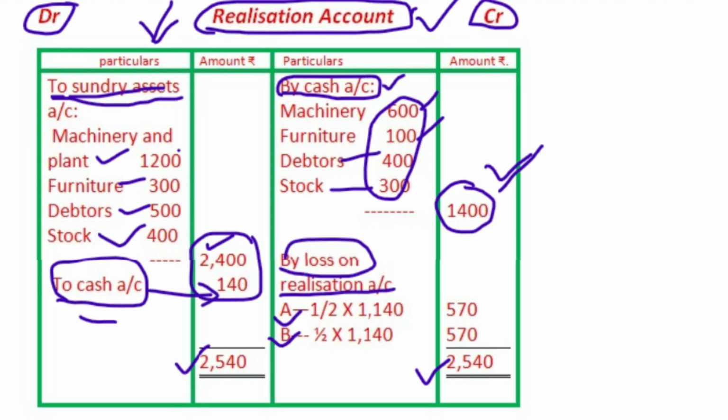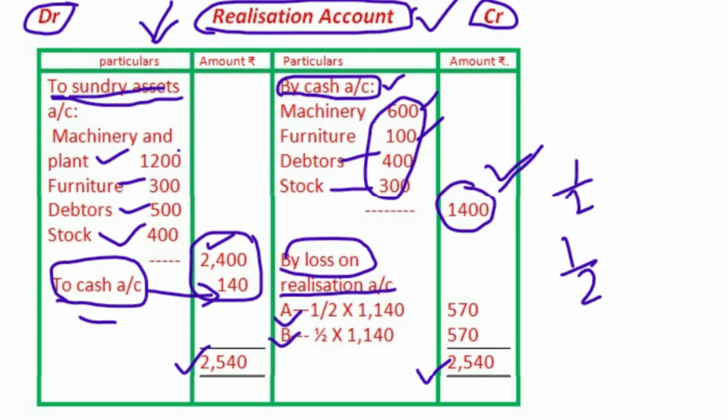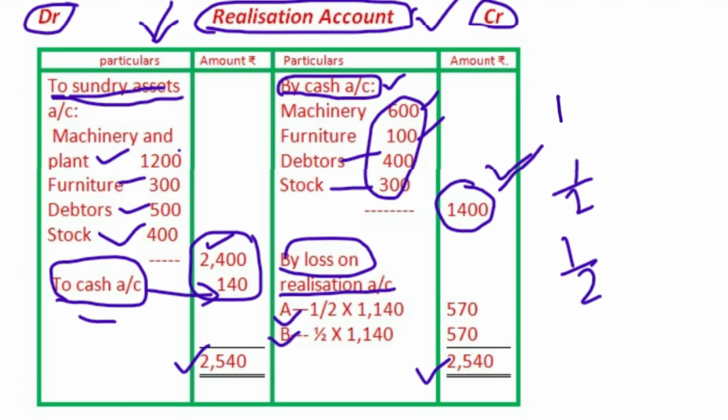Since it is given in the question that A and B are equal partners, the loss on realization is distributed equally, 1/2 to A and 1/2 to B. Their profit sharing ratio is 1:1. So equal partners' ratio is always 1:1.